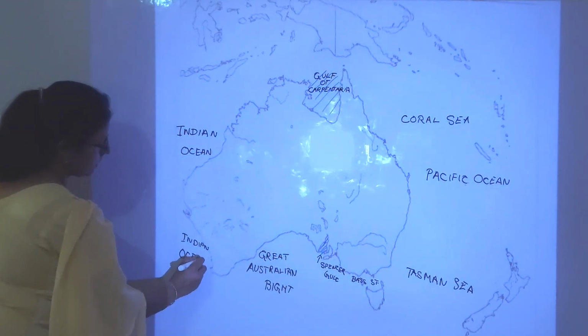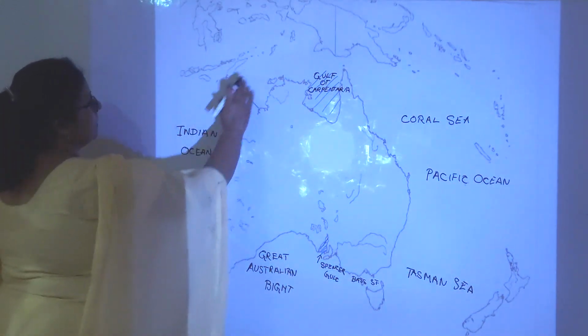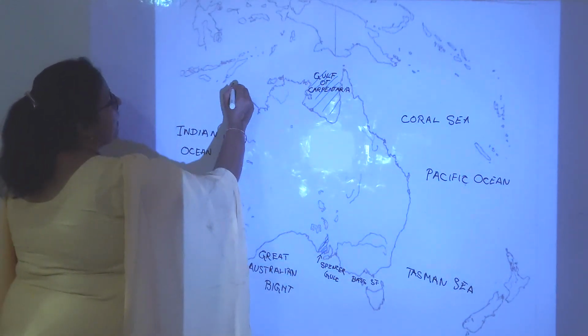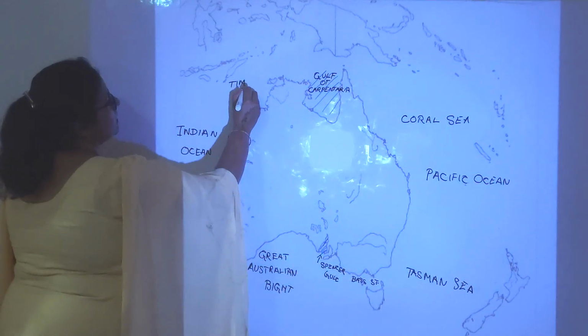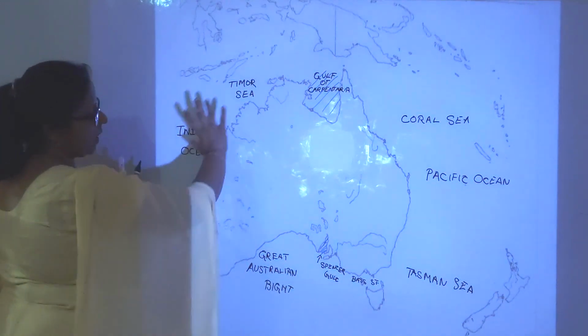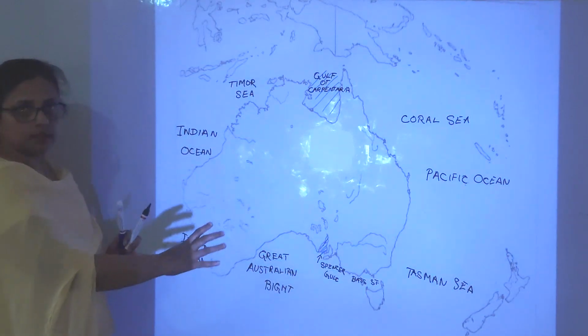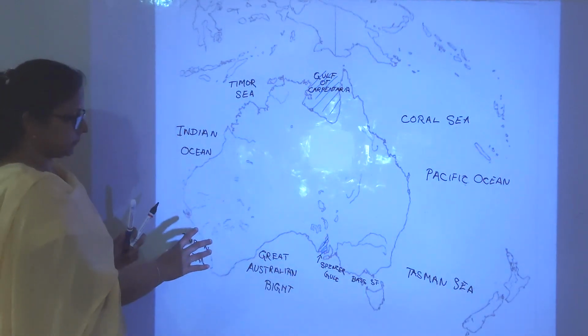So you can mark it in both these places. Here in this region, we have the Timor Sea. So these are the water bodies around the continent of Australia.